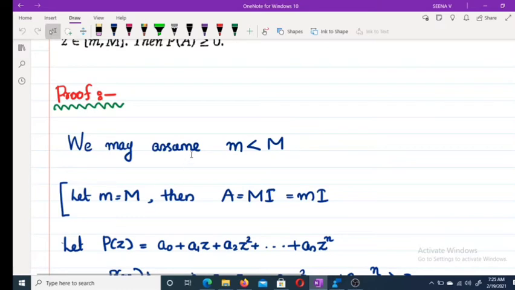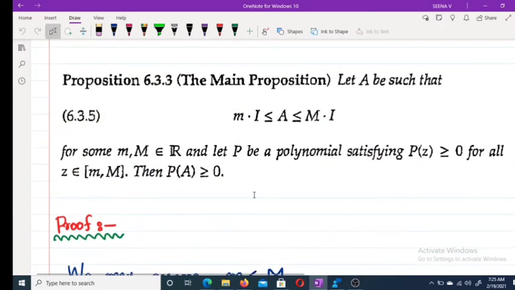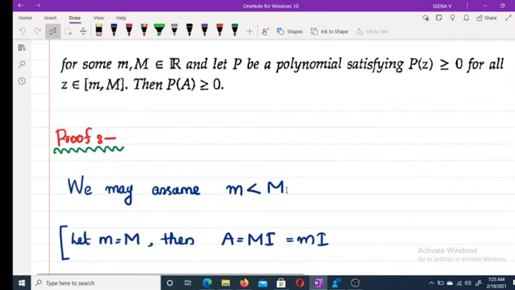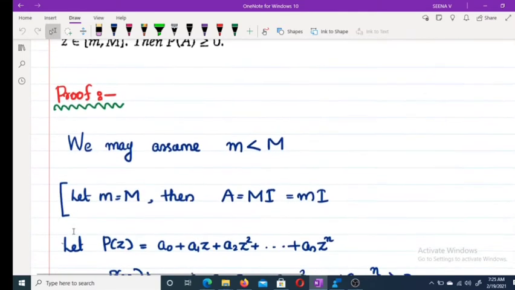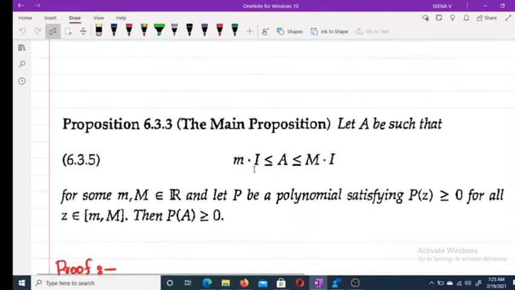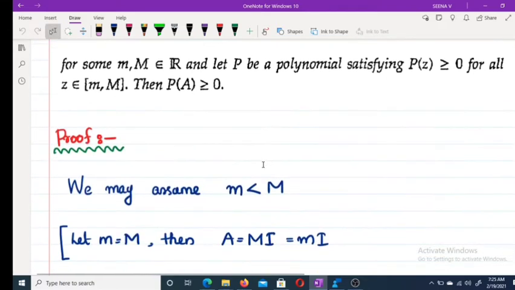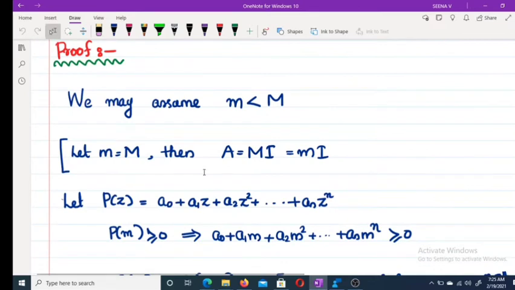Here we may assume m is strictly less than M. Why? This condition holds if m is equal to capital M, and then this inequality becomes equality, which implies A equal to mI.